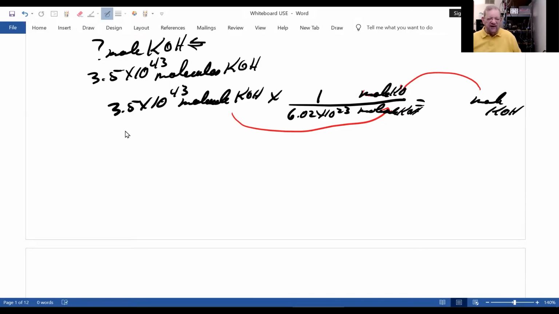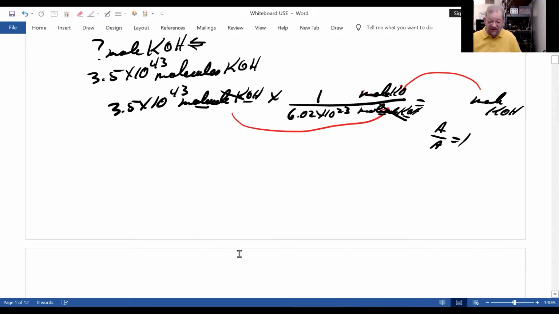And now before I pick up my calculator, do my units cancel? Molecules of KOH divided by molecules KOH cancel out because anything divided by itself equals 1. And now I'm confident that I can go ahead to my calculator and get the right answer.